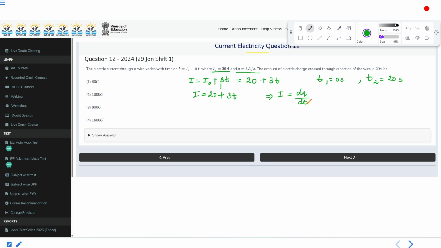From this we can find dq is equal to I dt. By integrating this, we can find the total amount of charge crossed through a cross section of wire. After integrating both sides, dq goes from 0 to q, where q is the total amount of charge, and I dt we integrate from t1 to t2.